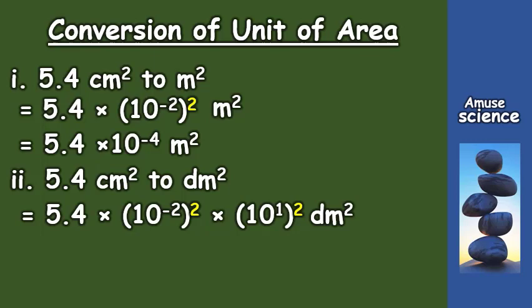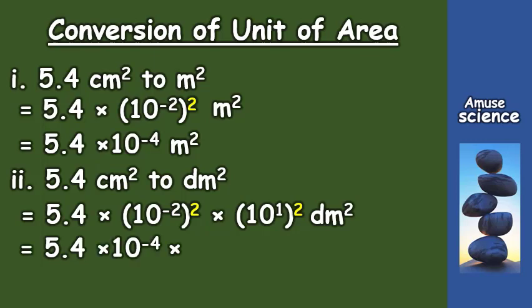So it means that by substituting the value for the centi, we are going to get 10 exponent minus 2 squared, and by introducing the deci, we are going to have 10 exponent 1 squared. So let's apply indices here and see what we are going to get.